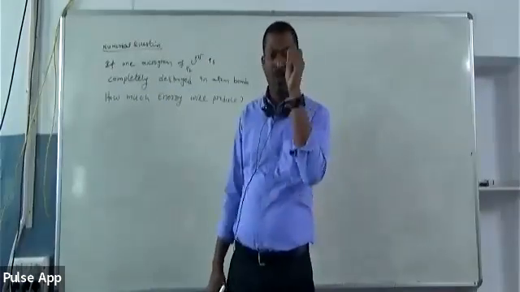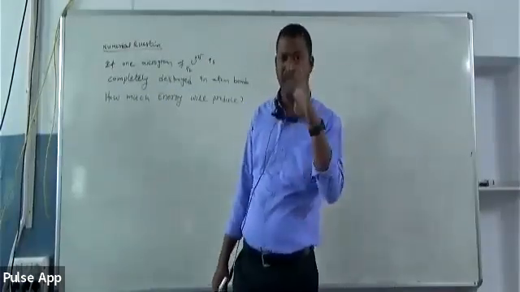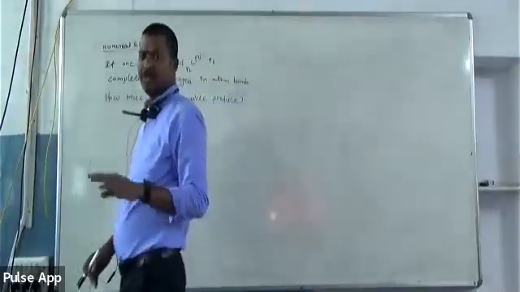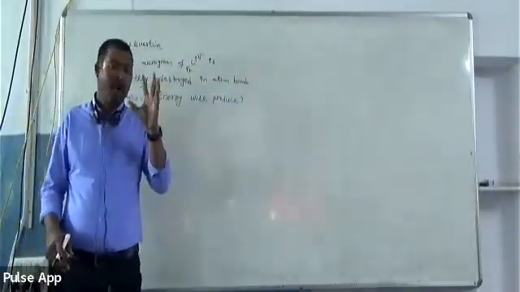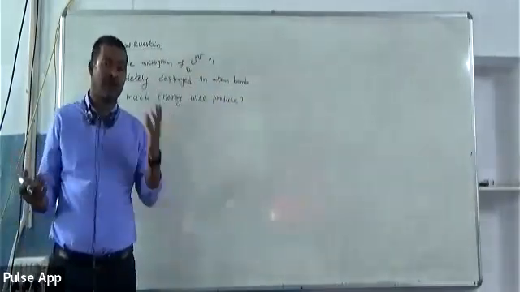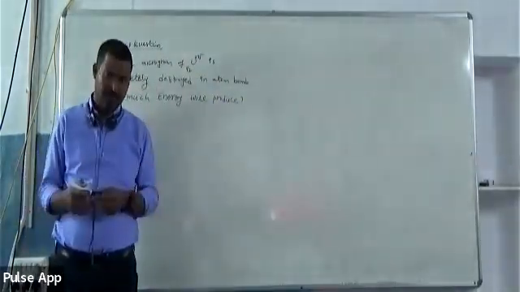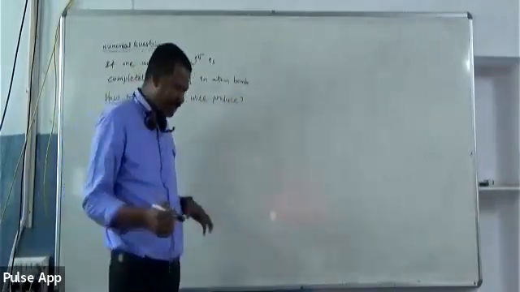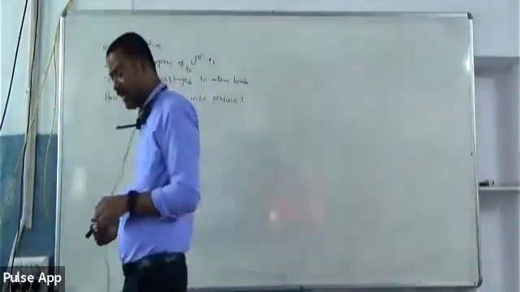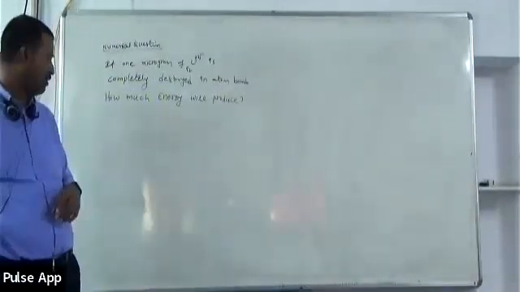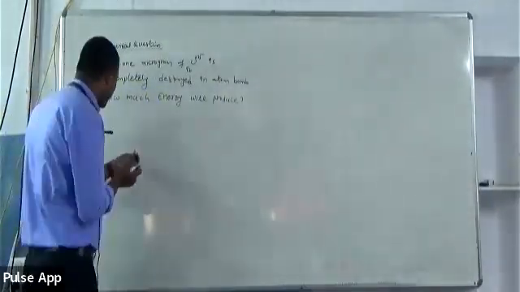That means 1 microgram of uranium is completely destroyed, completely converted into energy. Then how much equivalent energy will be produced per 1 microgram of uranium? Simple, from Einstein's energy equivalence equation.